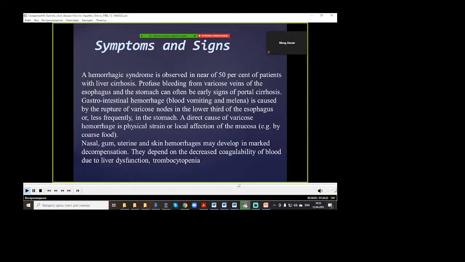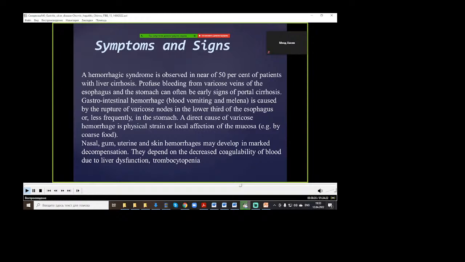Gastrointestinal hemorrhage, vomiting with coffee grounds and melena stool is caused by the rupture of varices nodules in the lower third of the esophagus or, less frequently, in the stomach. A direct cause of varices hemorrhage is physical strain or local affection of the mucosa, for example by coarse food.